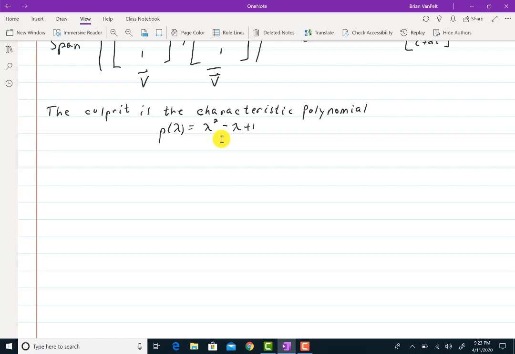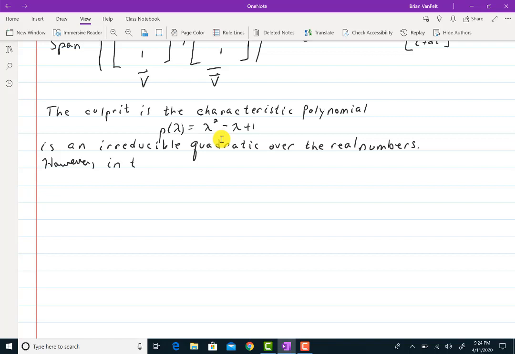This polynomial is an irreducible quadratic over the real numbers. So if I have to use real numbers, I cannot factor this thing. However, in the complex numbers, we have this.